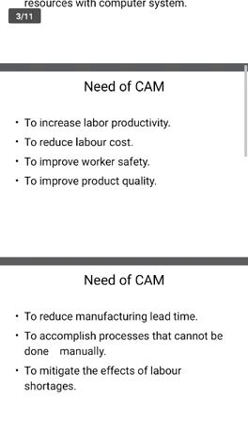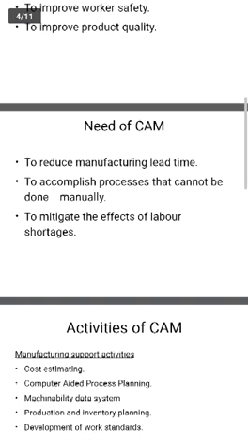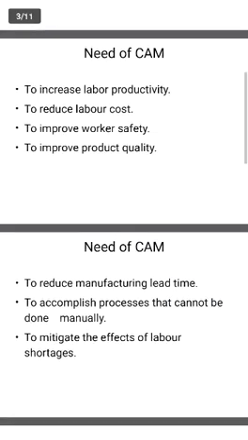Manufacturing lead time should be reduced. It can accomplish processes that cannot be done manually. It minimizes the effect of labor shortage, because the machine can do more than the man. So these are the needs of CAM.